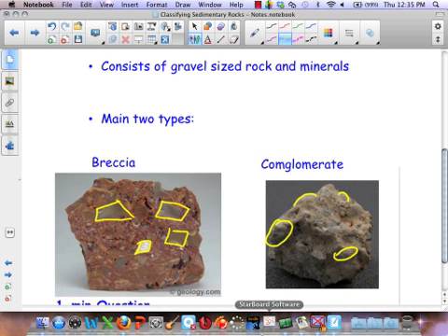Okay, guys, I want you to think about this for a minute. How do you get something to be round? You roll it. So what environments do we typically get round rocks? Don't be afraid to speak up. Oceans?